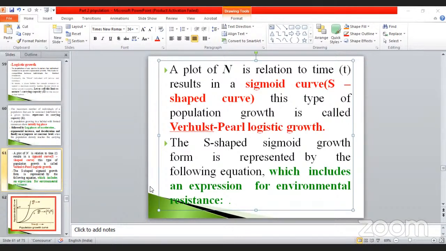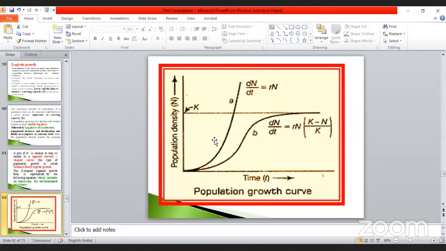Next, we are going to see the graphical representation. There are two graphs reported. One is called a J-shaped curve. This looks like a J shape. And another one is called a sigmoid shape. Both are plotted against population density, denoted as N, numbers.